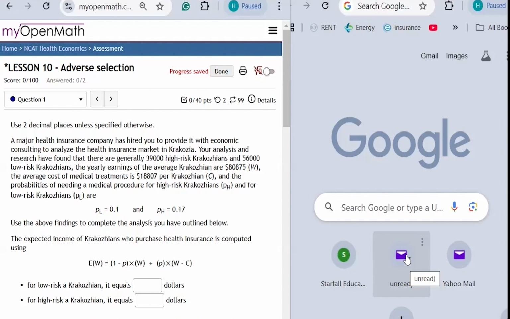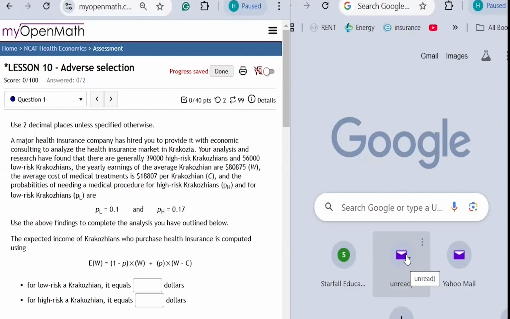The earnings is variable W. The medical treatment cost is the variable C. And then we have the probabilities of needing medical procedures for high risk and low risk Caucasians. In my model, the probability of a low risk Caucasian needing a medical procedure is 10%.